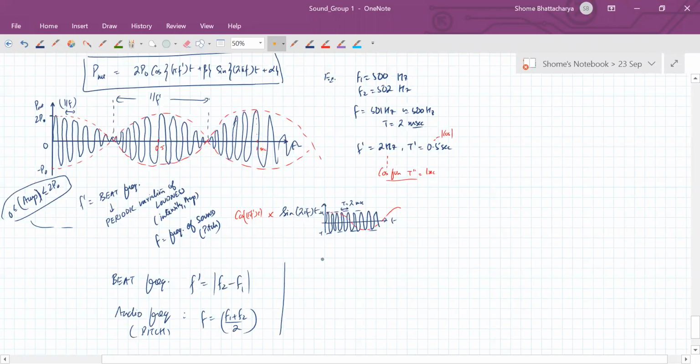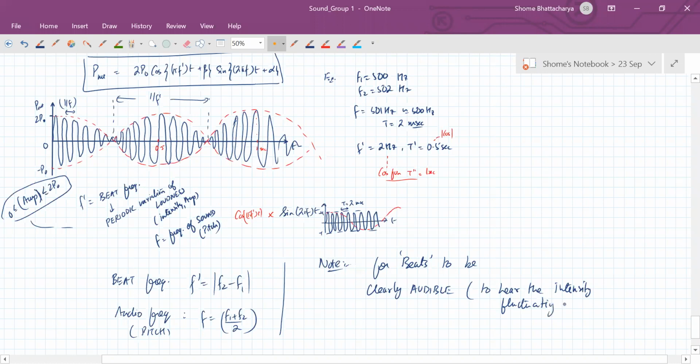Okay, now the only thing to understand here is, for beats to be clearly audible, that is to hear the intensity fluctuating clearly, that is you should hear it as loud soft, loud soft, you should not hear it as an average loudness, the beat frequency should be less than or equal to about 5 hertz.